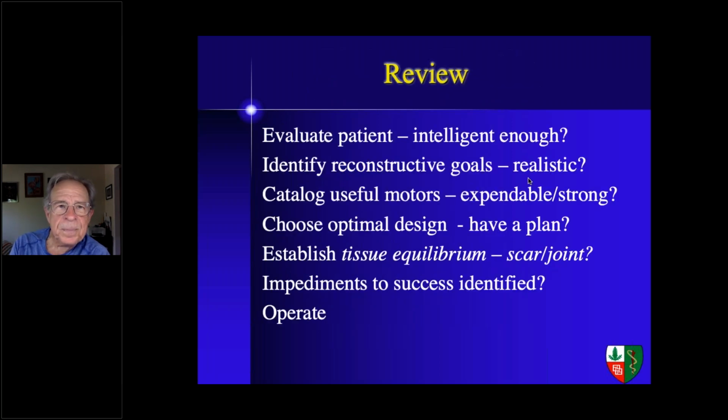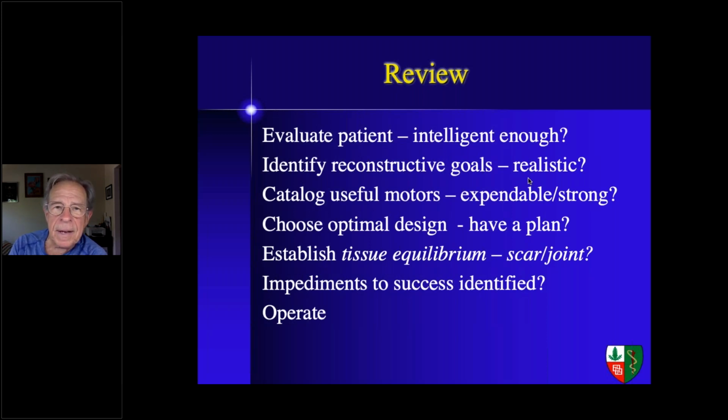So in review, we want to evaluate the patient. We want to identify the reconstructive goals and make sure they're realistic. Catalog the useful motors by muscle testing, being sure they're both expendable and strong. We want to choose the optimal design, in other words, have a plan.